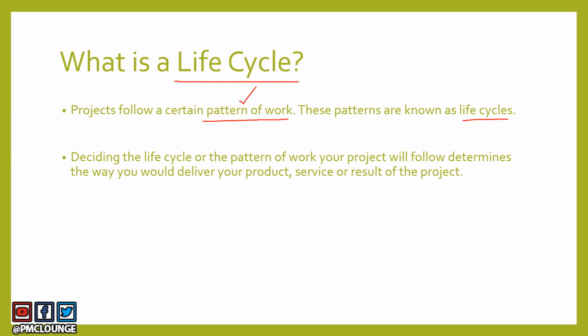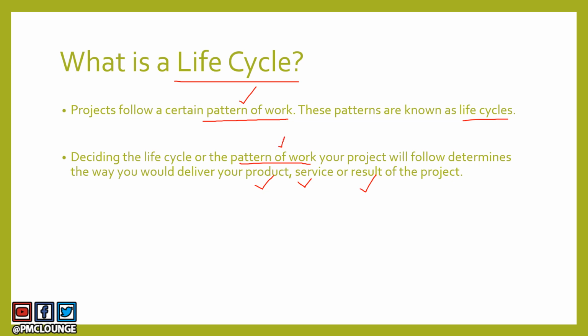So deciding the life cycle or the pattern of work that your project is going to follow determines the way you would deliver your product, service, result, or whatever is the end result of the project, right? It could be a product, it could be a service, it could be a specific result, performance improvement, whatever. How do you deliver that depends a lot on your pattern of work.